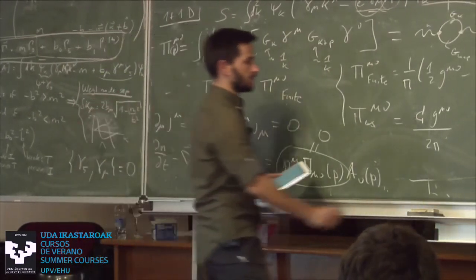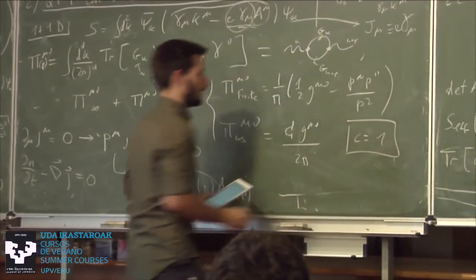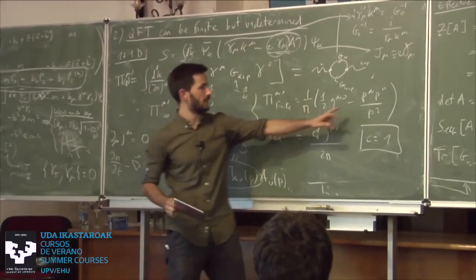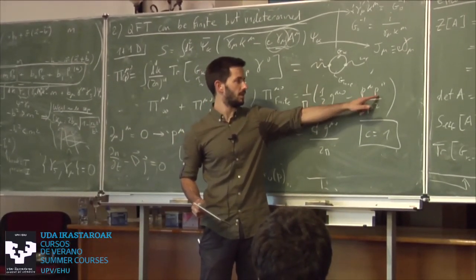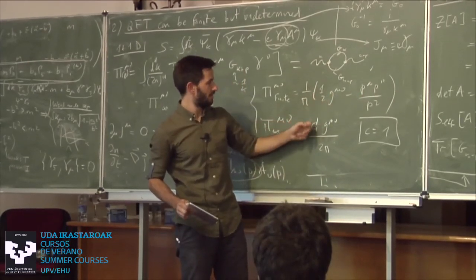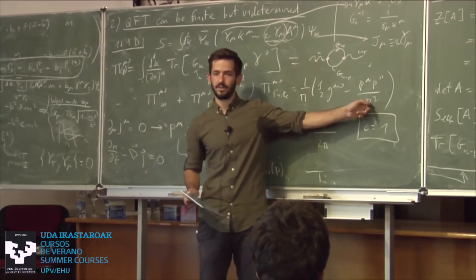And this value is C equals 1. C equals 1 is the only value that I can choose here to preserve gauge invariance, because when I apply P here, I get a P squared, the P squareds cancel out, I get P nu here, but with a factor of half. So this has to be 1 to exactly cancel the other.